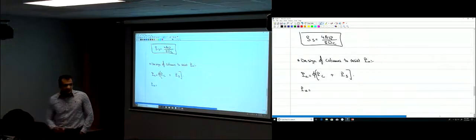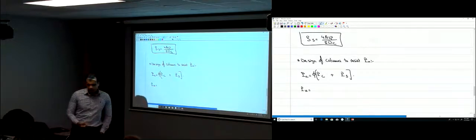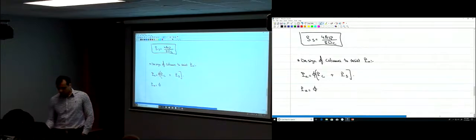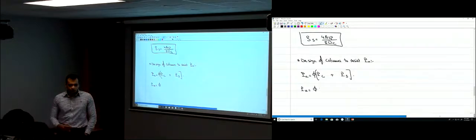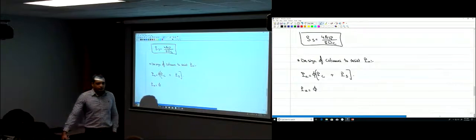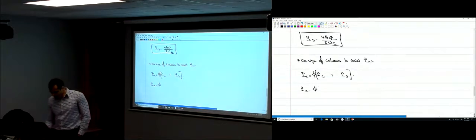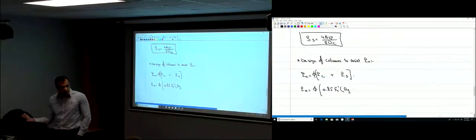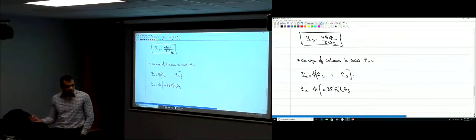So how much is the strength of the concrete? How much force can the concrete resist? Force is equal to stress multiplied by the area. So the stress in the concrete is 0.85 f'c multiplied by the area of the concrete, which is A gross, the area of the column, right?